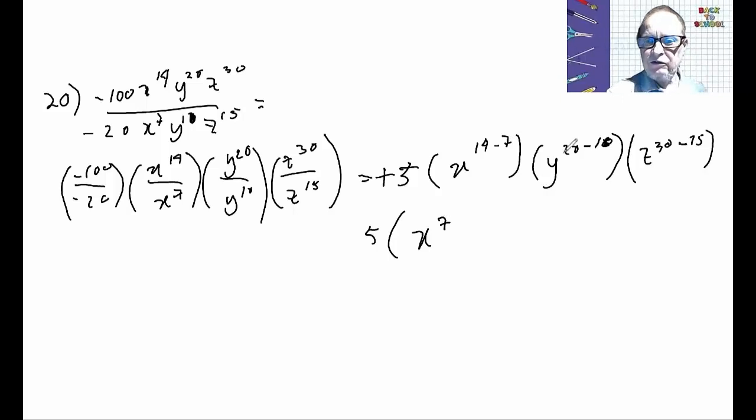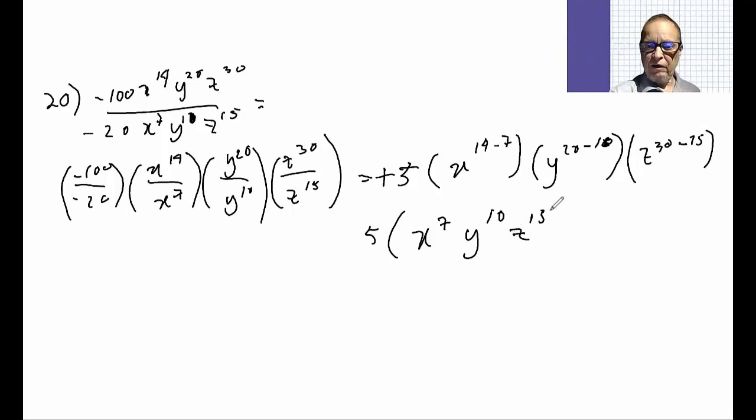And then I get 20 minus 10 is 10. And then I get 30 minus 15. And there we have z to the 15 power.